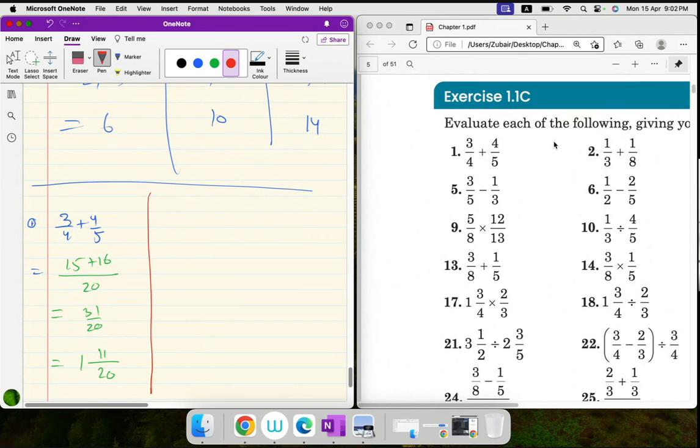The question says to give the answer in simplest form, but it does not say whether to write it as a fraction or a mixed number, so both are acceptable.